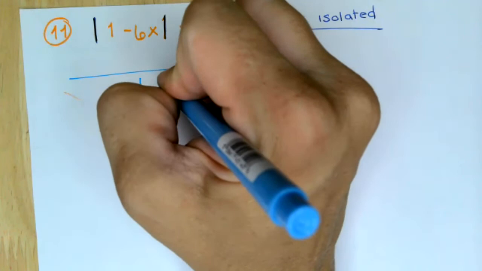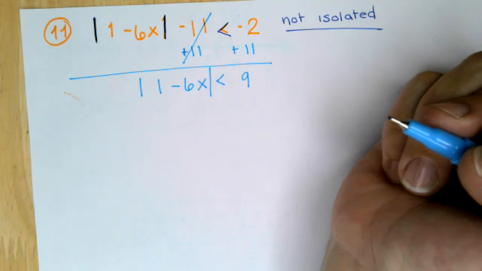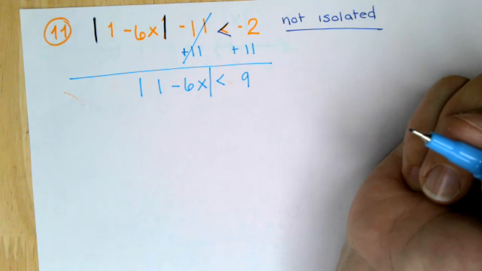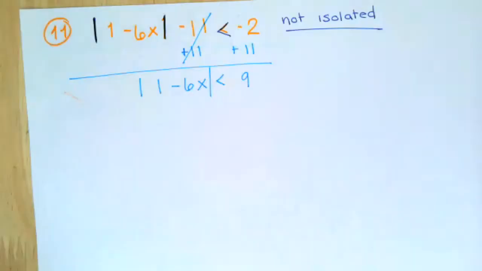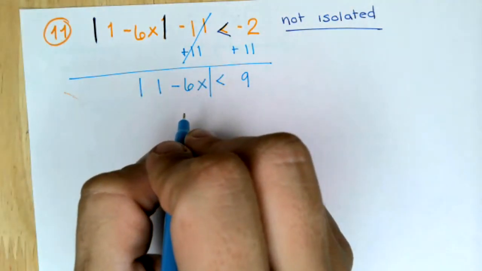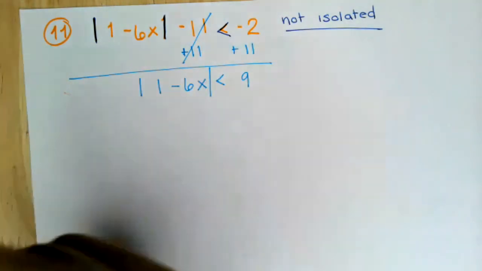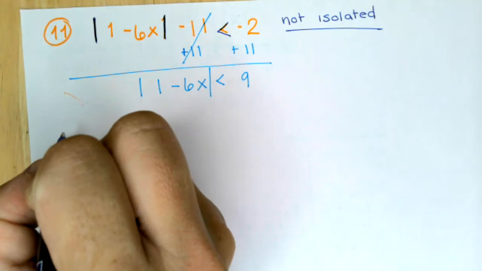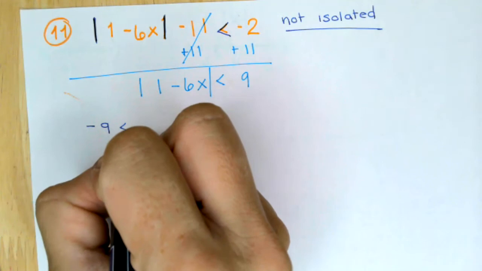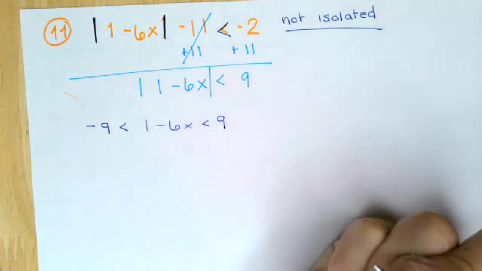And this is the absolute value of 1 minus 6x. So now I can set them as equals, okay? It's less than, so now I have -9 is less than 1 minus 6x, which is less than 9, okay?